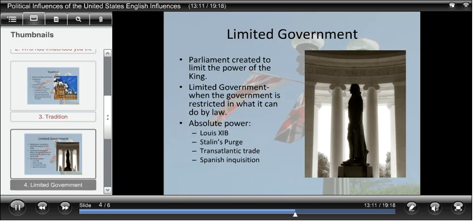So, in the minds of many colonists, limited government was very necessary to make sure that people had a way to make a life for themselves and to express their views clearly.